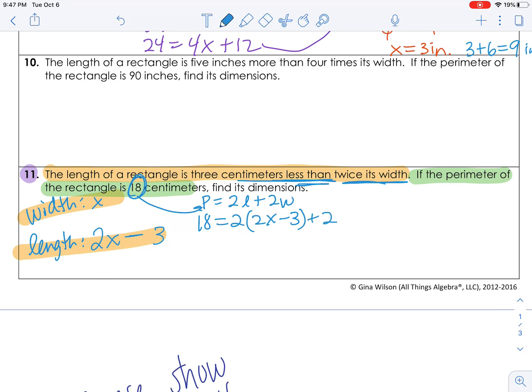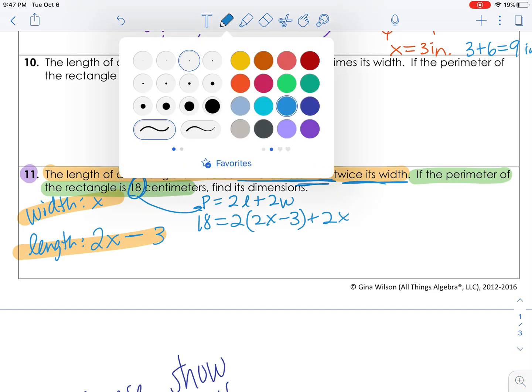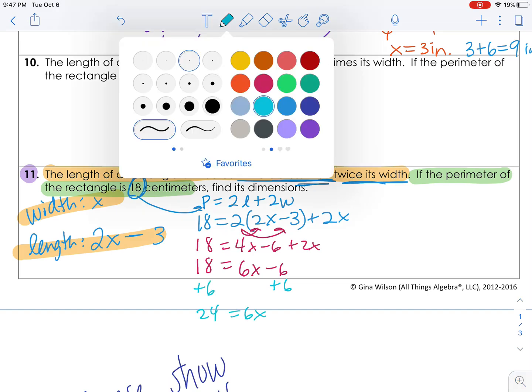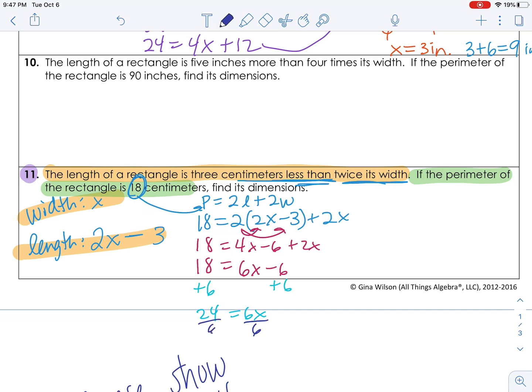Plus 2 is going to stay 2. W is x, so 2x. And then from here, we just solve. Distribute the 2, 4x minus 6. Combine like terms on the right-hand side. 2x plus 4x is 6x. Then we're ready to add the 6. 24 equals 6x. Then we're ready to divide by 6. So x equals 4.